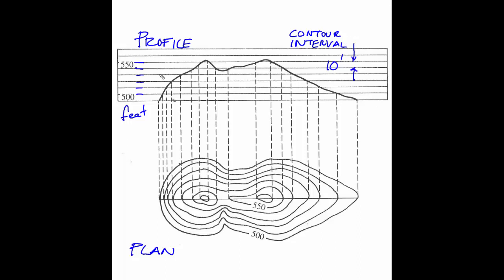Well, imagine each one of these planes represented by these lines slices horizontally through this hill. Maybe you've been to the deli at the grocery store and seen a meat slicer in action.